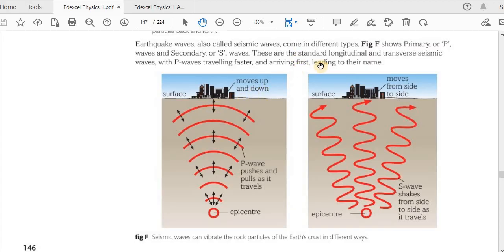These are the standard longitudinal and transverse seismic waves, with P waves traveling fast and arriving first, leading to their name. So in the case of earthquake waves or seismic waves, we have both longitudinal and transverse waves.